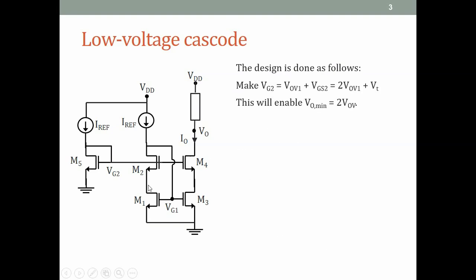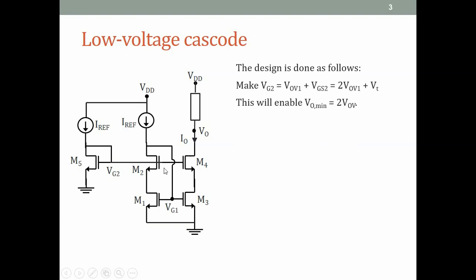We say that, well, we want this voltage to be a VOV, so let's say 0.2 volts. That means we want this voltage to be 0.2 plus 0.6 or 0.8. And we want this voltage also to be 0.2 volts.